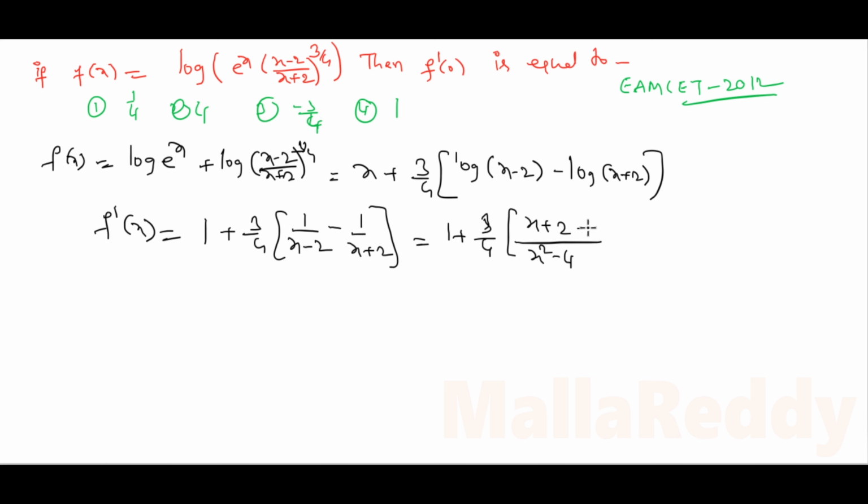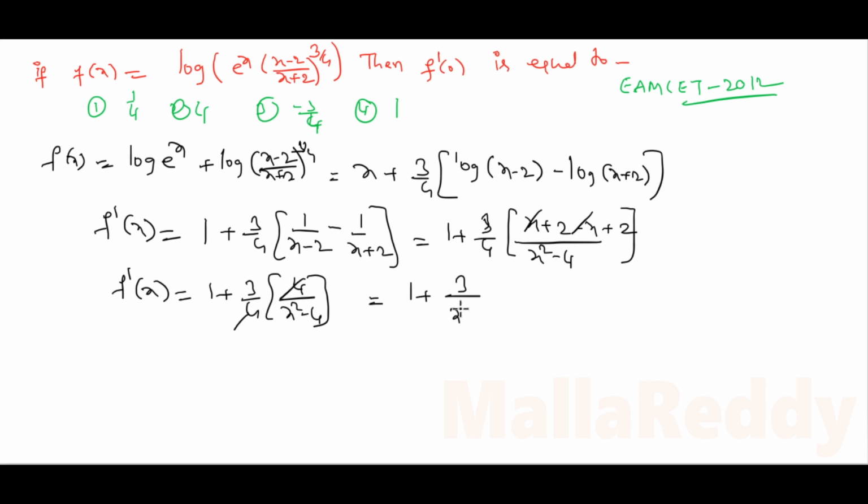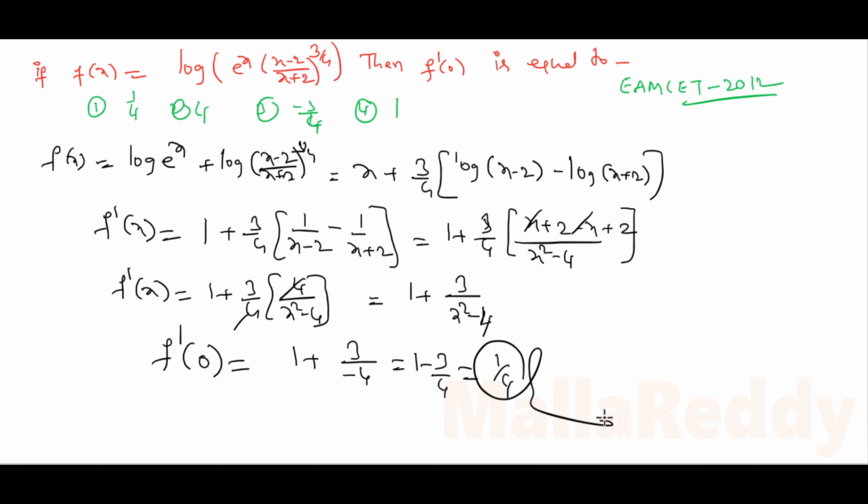This is x plus 2 minus x plus 2, x cancelled, so f dash x is equal to 1 plus 3 by 4 into 4 by (x square minus 4). Here 4 cancelled, 1 plus 3 by (x square minus 4). Now we put x equal to 0, so f dash 0 is equal to 1 plus 3 by (0 minus 4), that is minus 4, 1 minus 3 by 4, that is equal to 1 by 4. Answer. So first option is the correct answer.